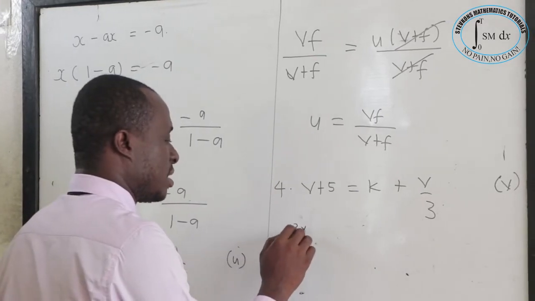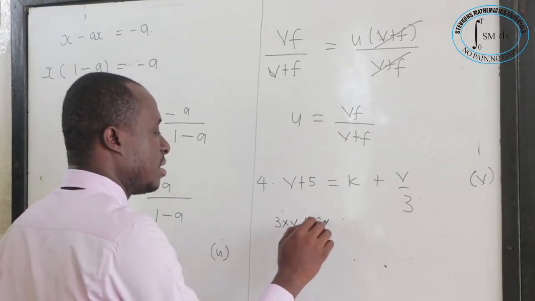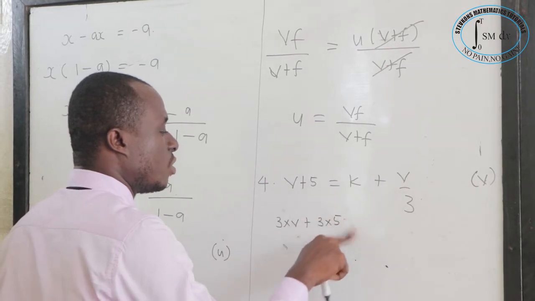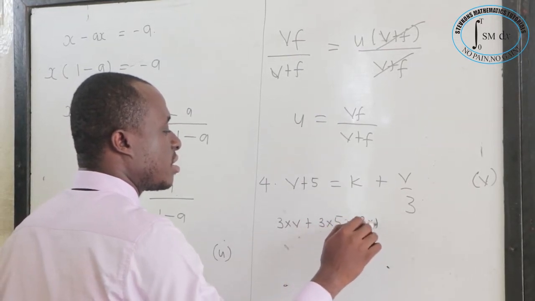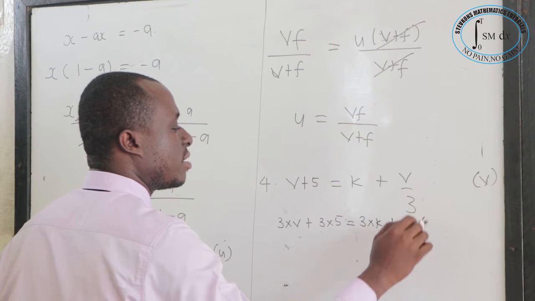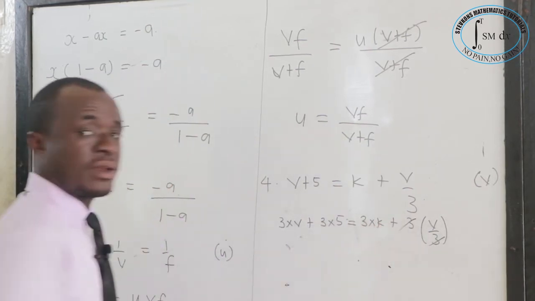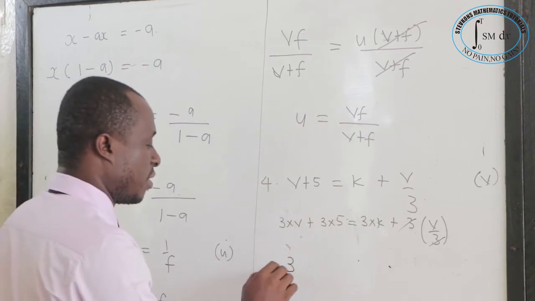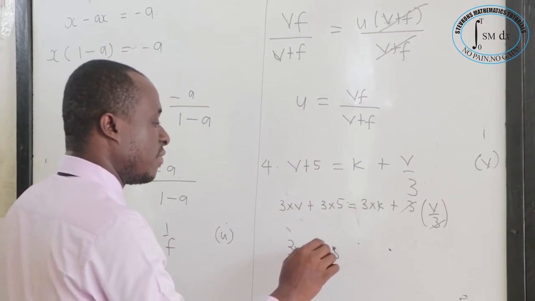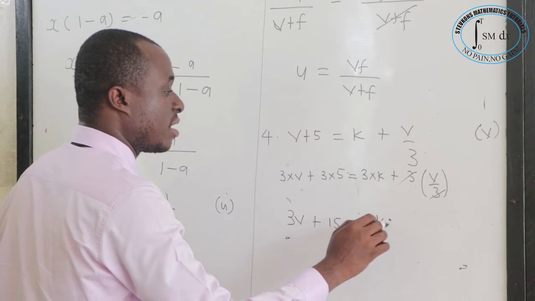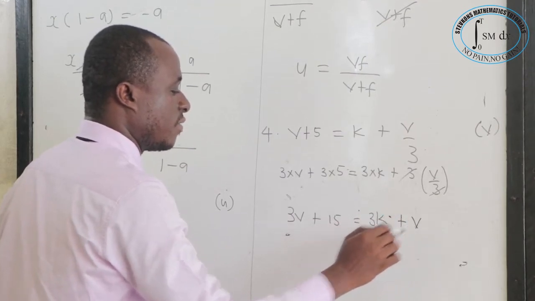So you have 3 times v, 3 times 5 equal to 3 times k plus 3 times v over 3. Clearly, this 3 and that 3 will cancel out. So you have 3v plus 15 equal to 3k plus v.